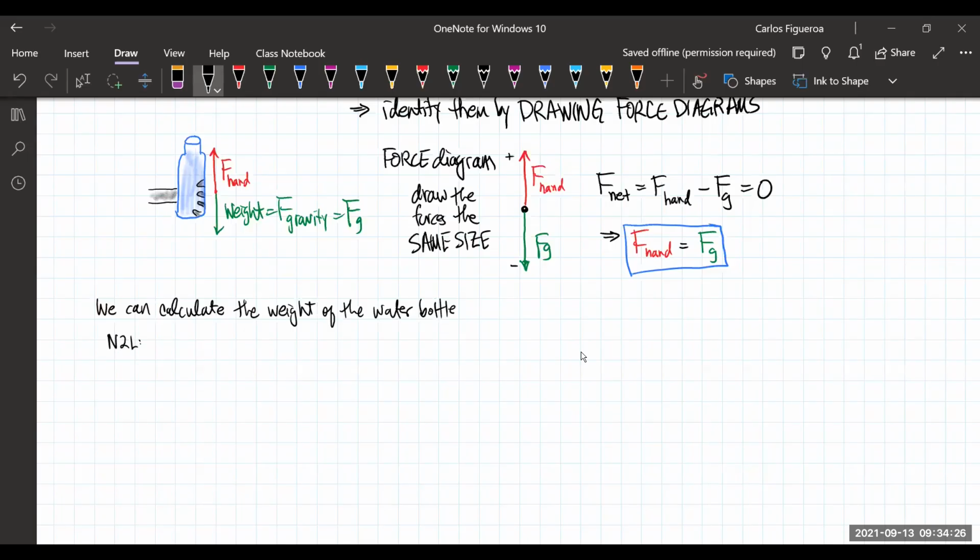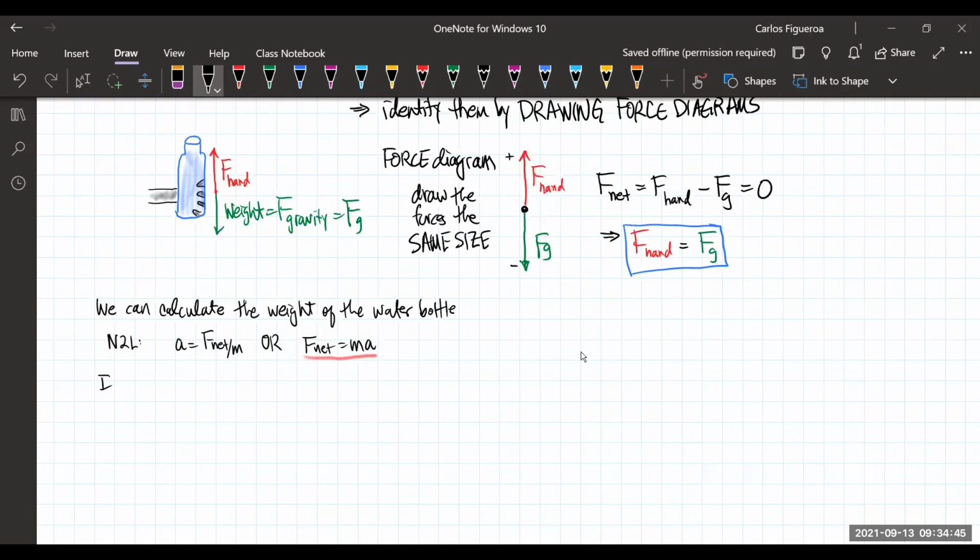What N2L tells us is that the acceleration is equal to the net force divided by the mass, or I can write this as the net force is equal to mass times acceleration. And this is probably the most common way that people write it. So we're going to use that.